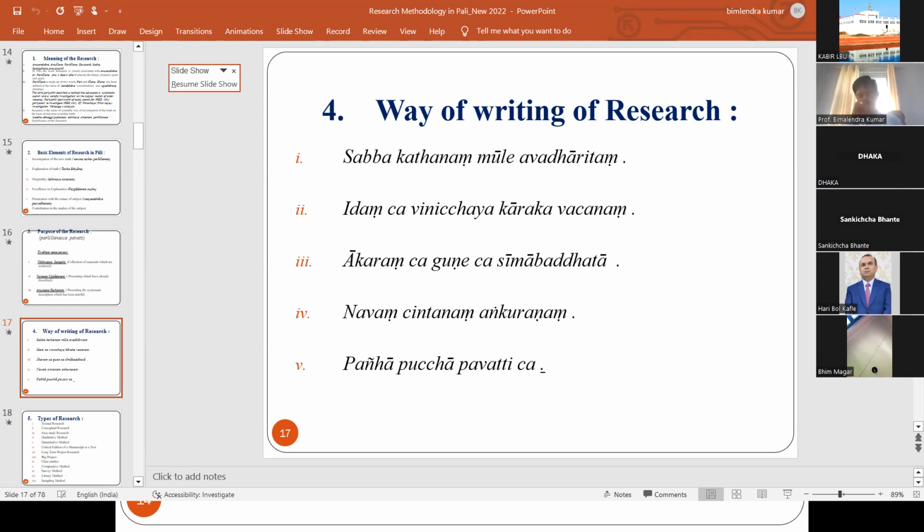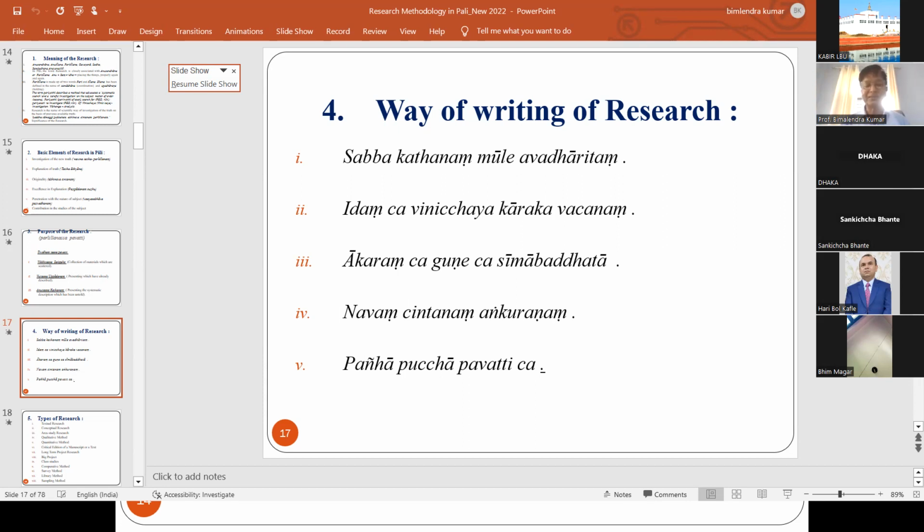And then the last way of writing of the research is that there must be some scope for arising of some questions related with your research problems. There must be some ideas for the future research scholars, based upon which he can develop his own research problems and write a research paper or research thesis also.